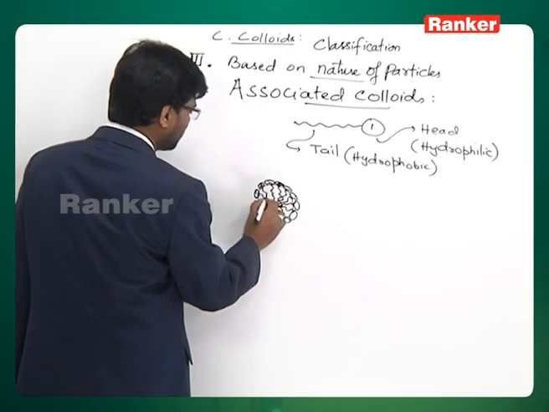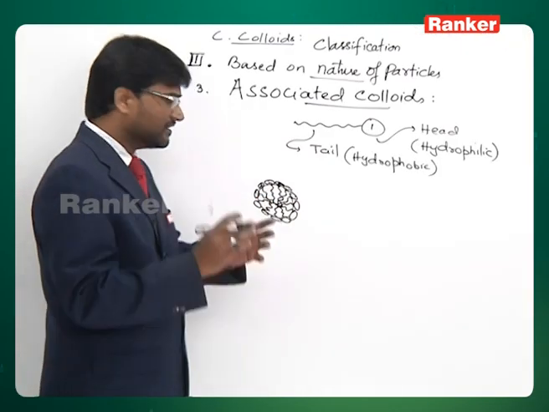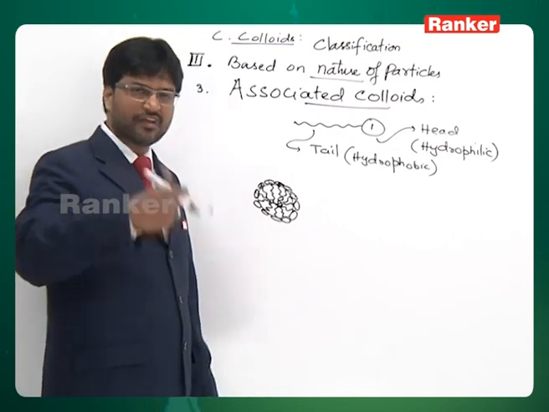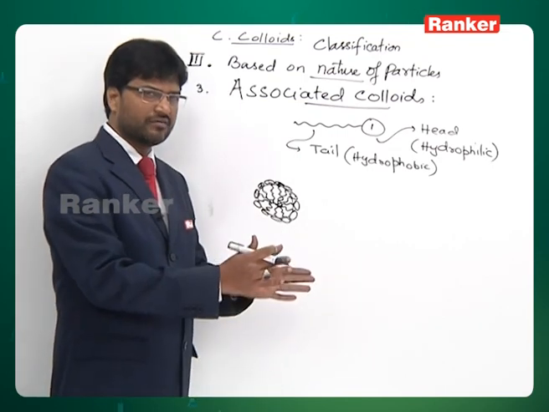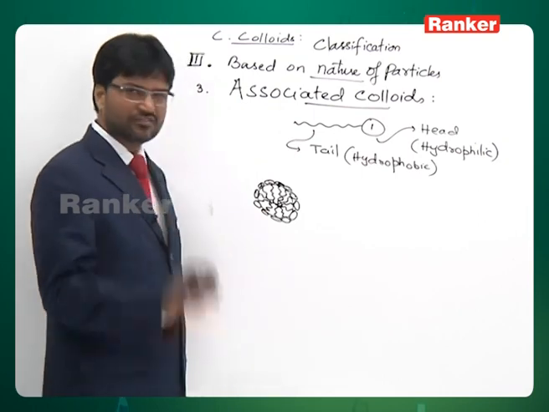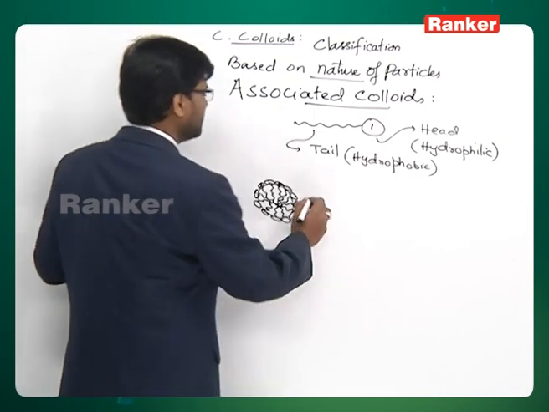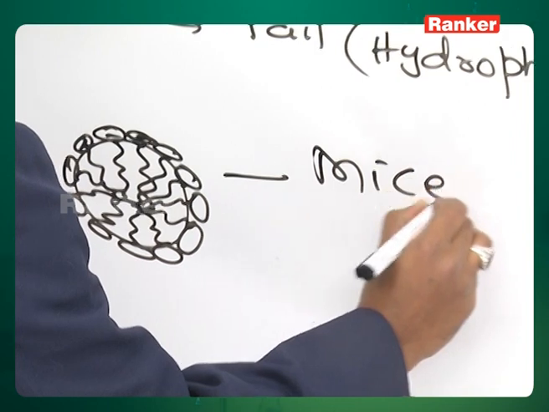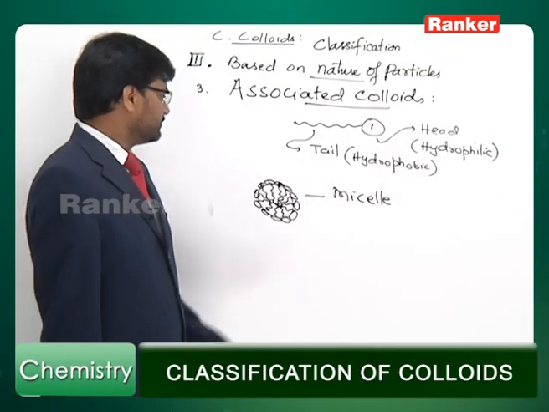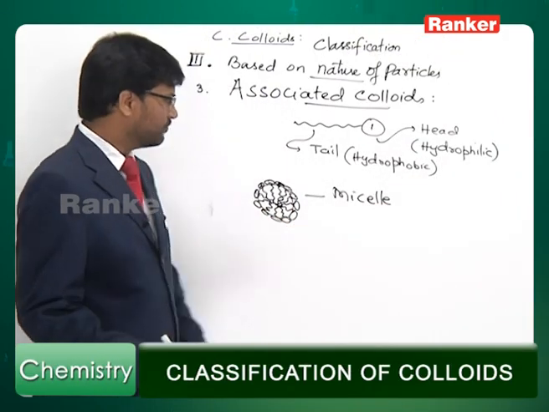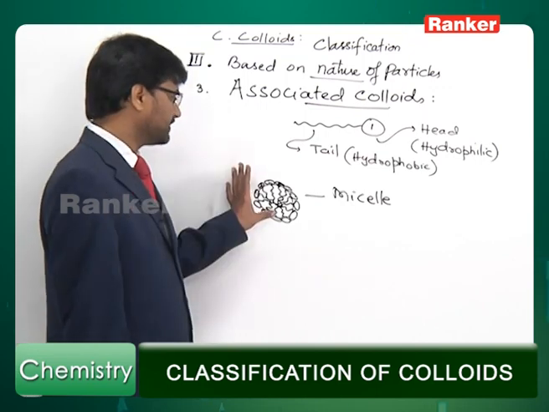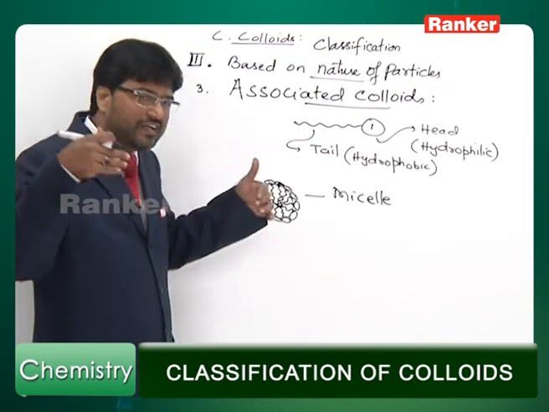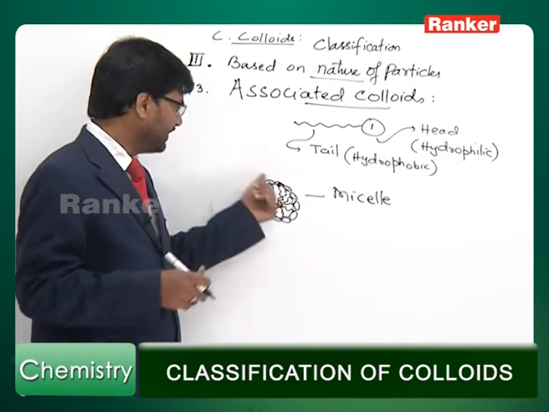Because of association of such a large number of particles, the size of the particle will be in the range of 1 millimicron to 1 micron, that is colloidal dimension. This particle is called a micelle. So this consists of 100 or more particles associated in this way, with tails all pegged inside and heads outside.